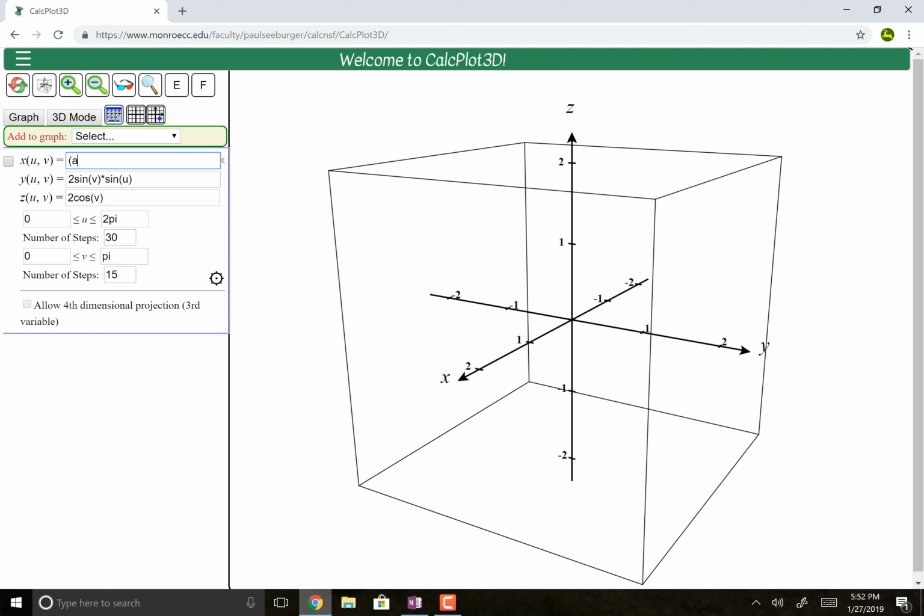Parentheses 1 minus abs u times cosine v. I'm not going to lazy, so I'm just going to copy that and change the other thing to sine because, well, I don't want to type it again.